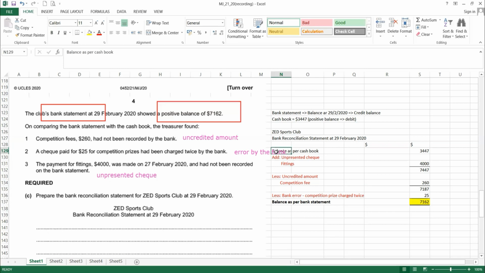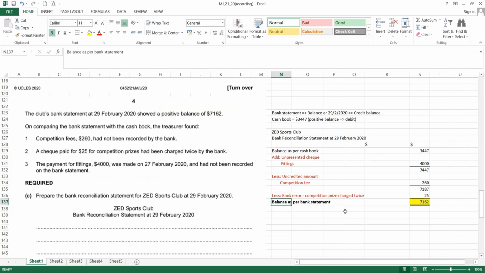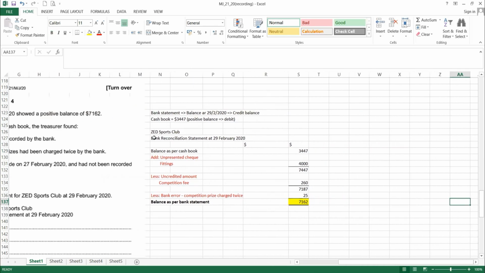When you start with the cash book, add unpresented check, less uncredited amount. For bank error, it can be add or minus depending on the question. Okay. If you prefer to start with the bank statement, now the other way you will get it. Let me put in this one from the bank, because you have two ways to present your answer.